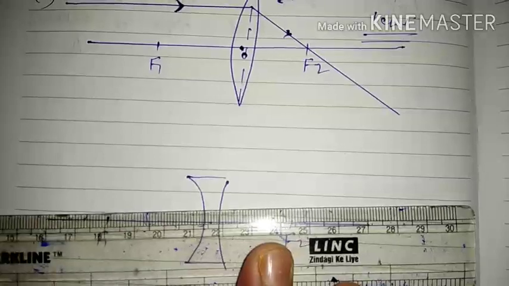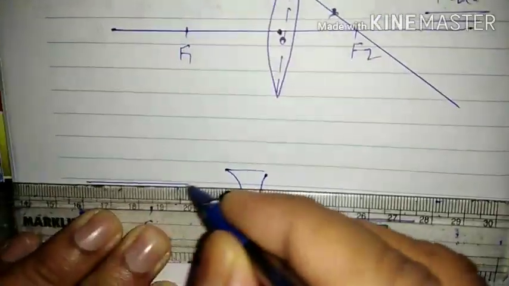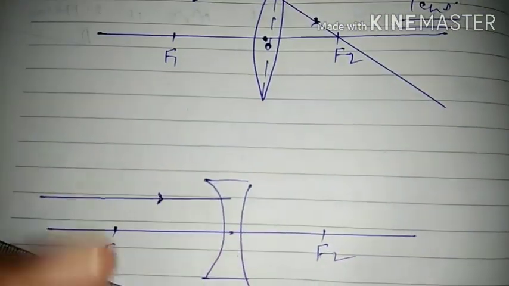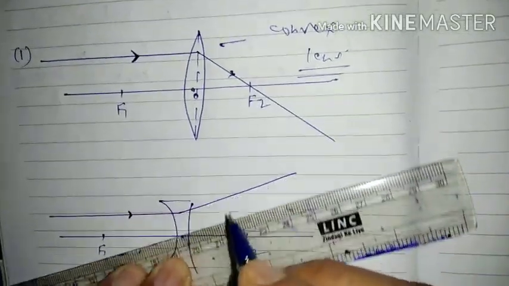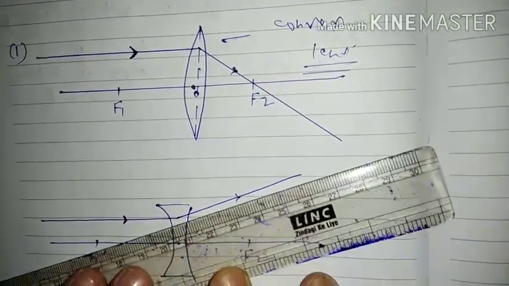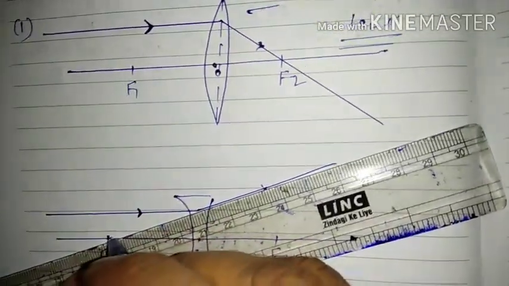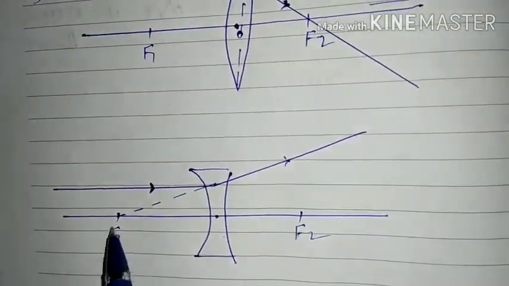Rays of light parallel to the principal axis after refraction from concave lens diverge in such a way that it appears to come out from a point. So here it is virtual event. It appears to come out from a point, and this point is called focus.